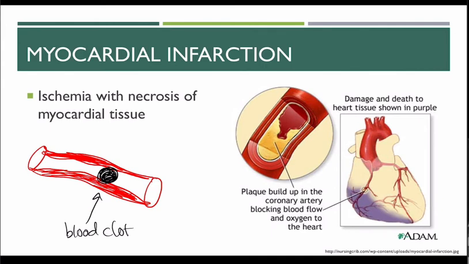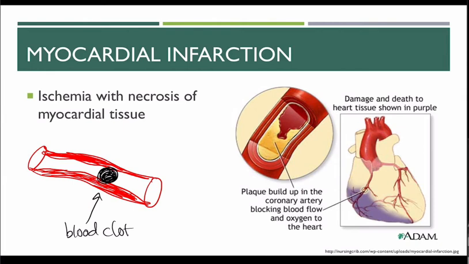There's really no way to say, oh, your plaque looks like it's about to go. In fact, 2/3 of ruptured plaques are less than 50% stenotic. So it's completely unpredictable.